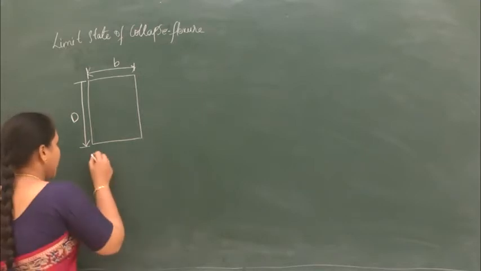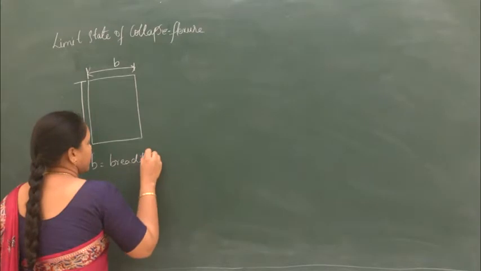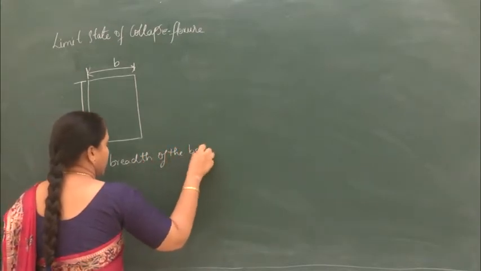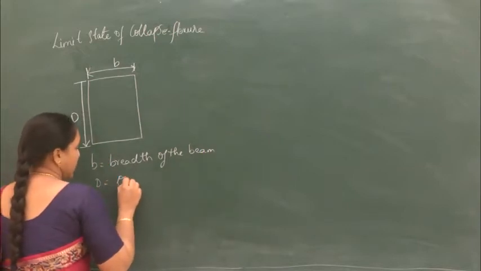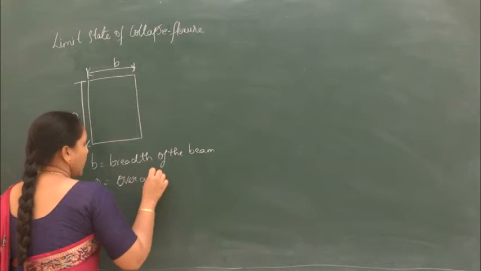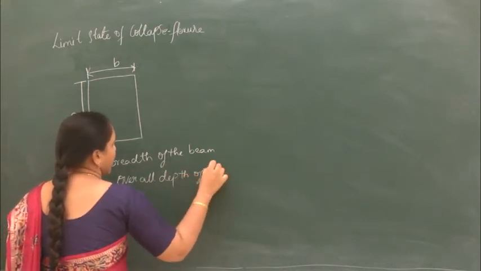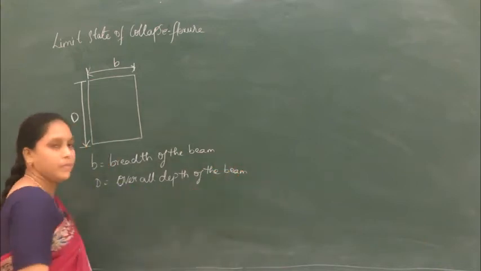So, what is B? B here is the breadth of the beam. And what is D? D is the overall depth of the beam.